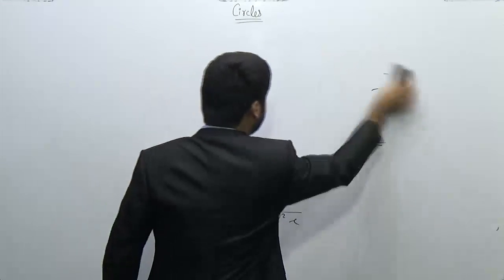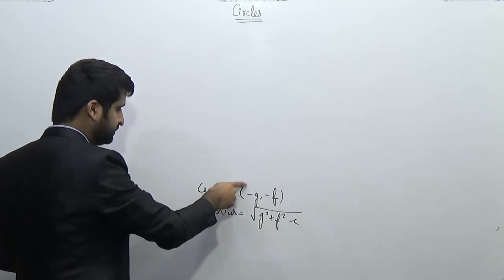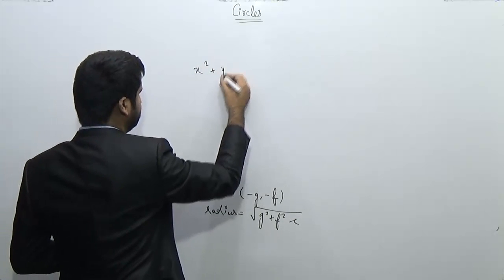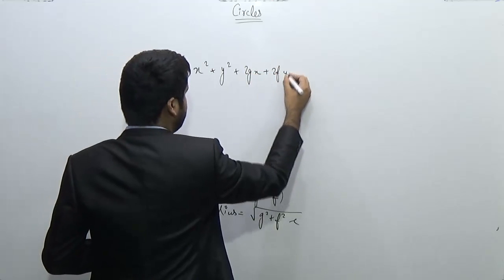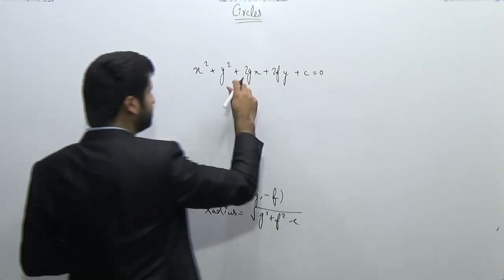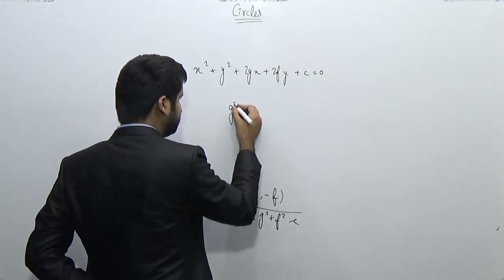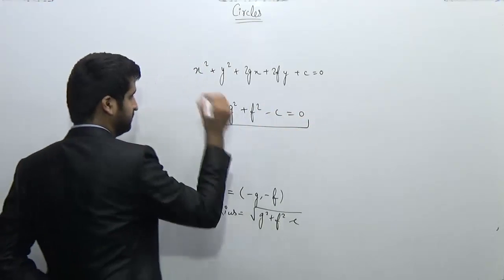Now there is a term which comes up. Let's assume in this equation x square plus y square plus 2gx plus 2fy plus c is equal to 0, I get such values of g, f and c that g square plus f square minus c comes out to be 0.